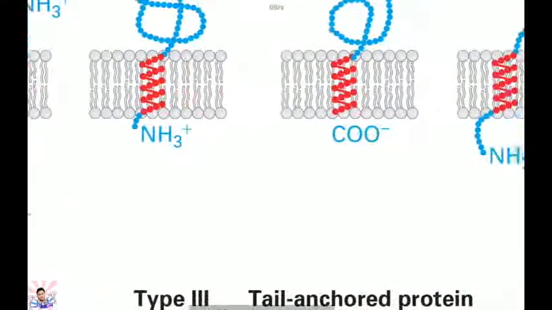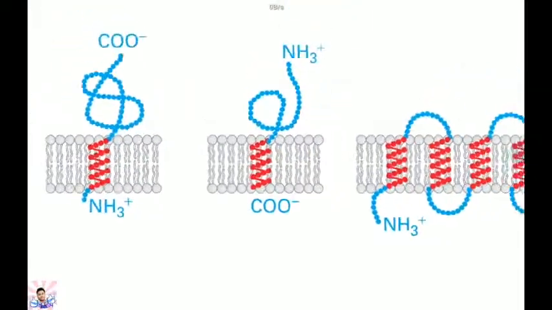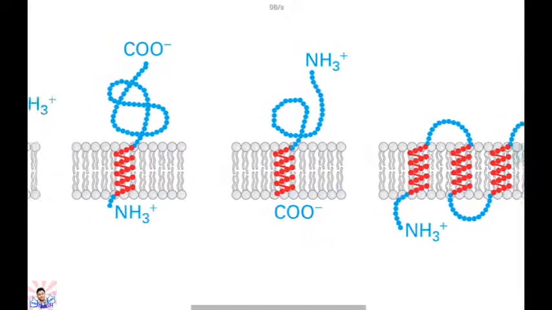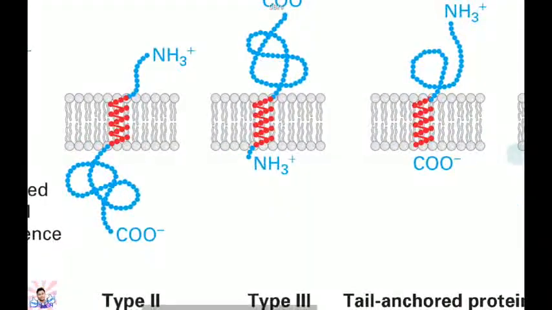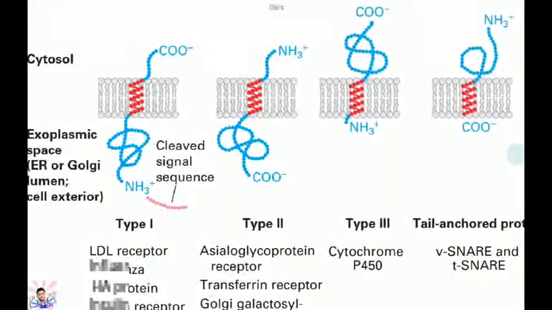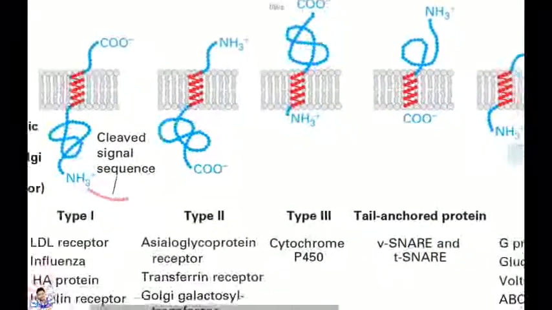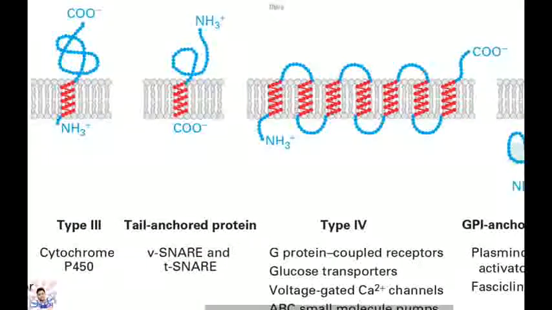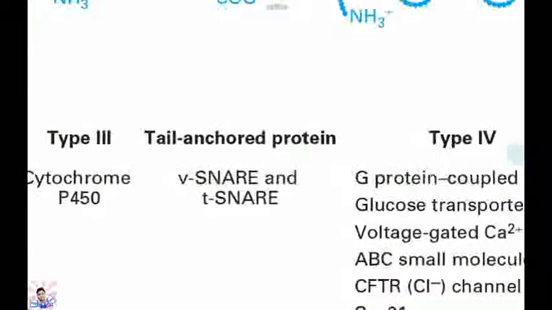And the tail anchor is just opposite to type 3, but similar to type 2. As you can see in the diagrammatic representation, type 1 is nearly similar to type 3, and type 2 is nearly similar to the tail anchor type in their direction of N-terminal and carboxyl terminal. Examples here are V-SNARE and T-SNARE.